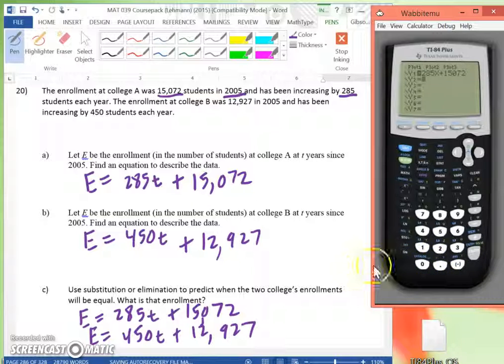Press enter. Then we will have 450. We'll use X instead of T, plus 12,927. Now we'll graph it.